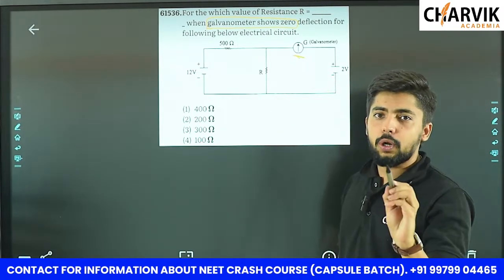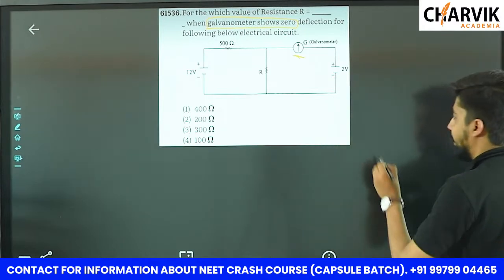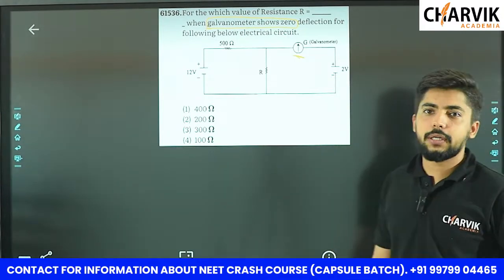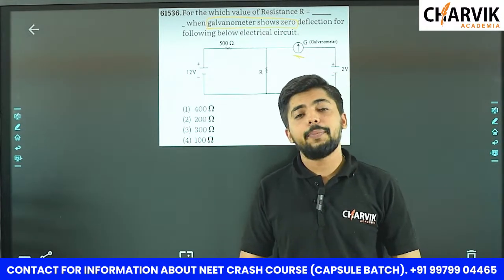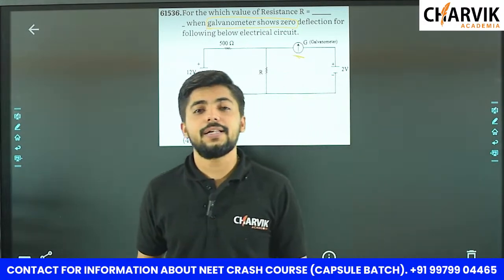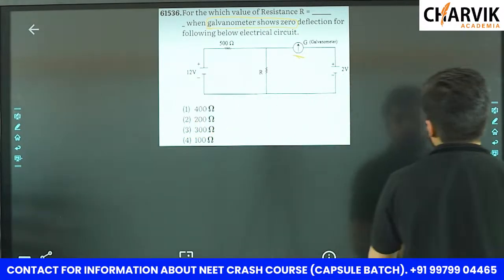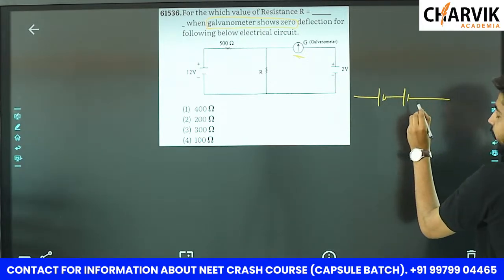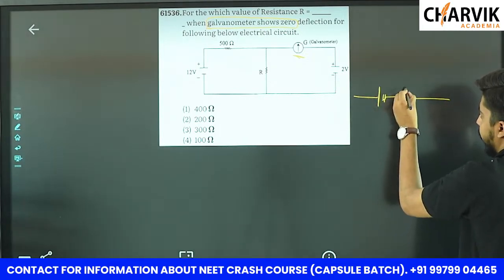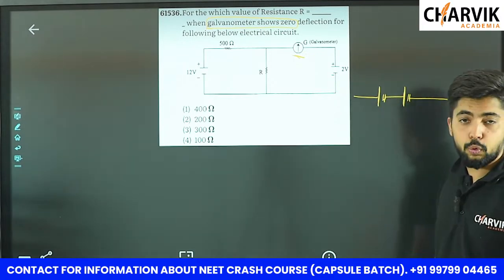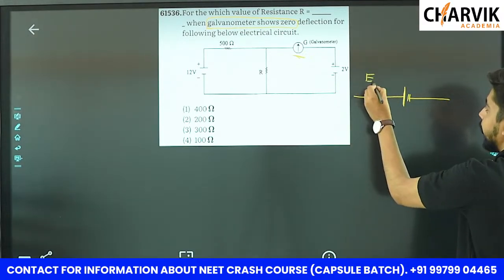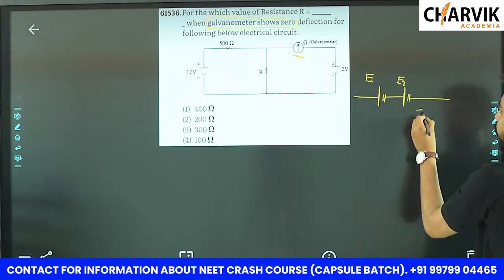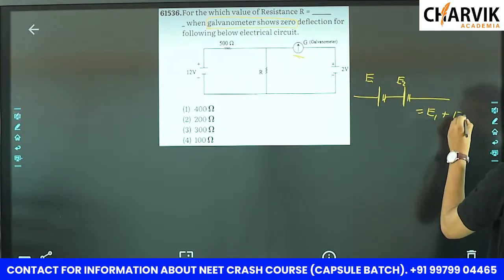Before solving this question, let us revise some theory of the series combination of electric cells. What happens when you connect electric cells in series? If you connect two electric cells in series such that plus and minus are aligned with each other, with EMFs E1 and E2, the total will be E1 plus E2.